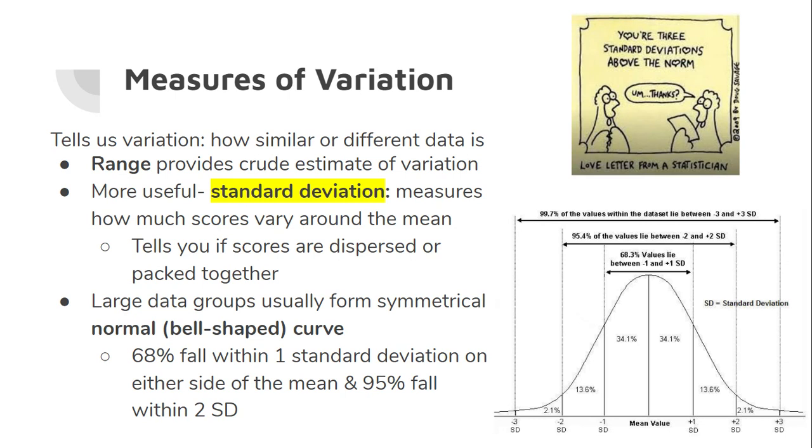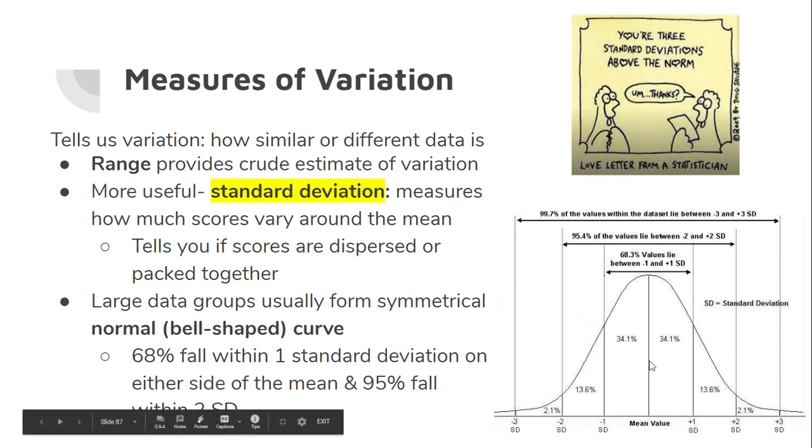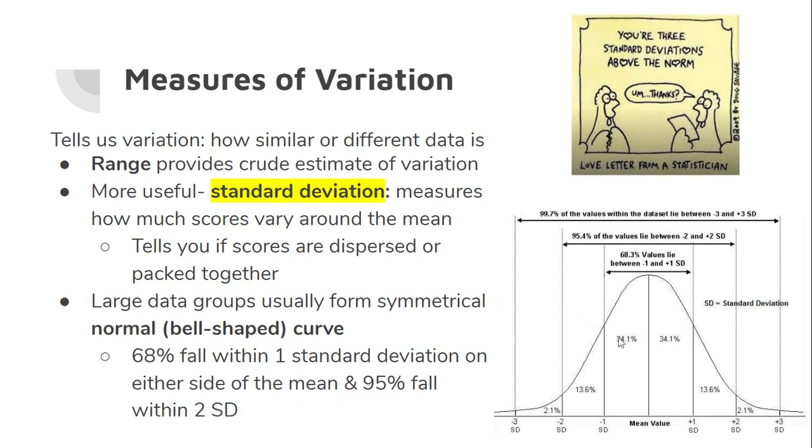All right, so we'll say in this case, we've got a standard deviation of 4 and a test mean of 80. It means that between 76, 4 points below, and 84, 4 points above, almost 70% of students fall in that range. But if we go to 2 standard deviations, 4 points above is 1 standard deviation, 8 points above, so another 4 points, is 2 standard deviations.